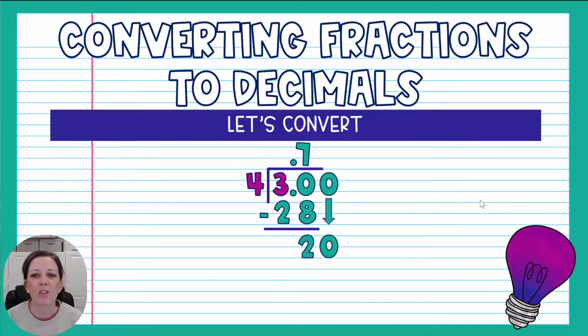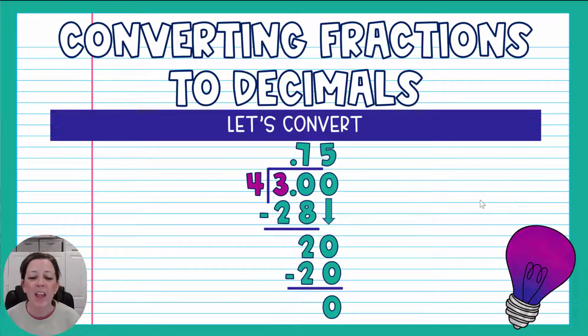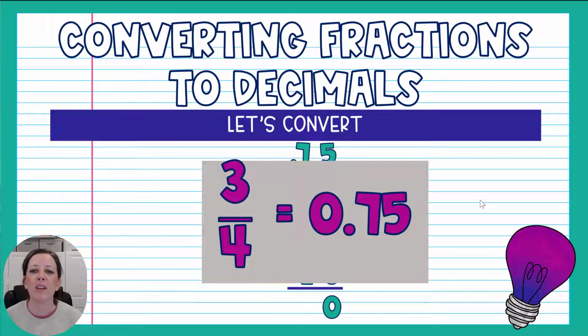It goes 5 times, and then I'm going to say 4 times 5 is 20. Do my subtraction. I end up with that beautiful 0, which lets me know that I'm finished. And so 3/4 is the same as 0.75. And that one is kind of easy because I know 4 quarters make $1. If I have 3 quarters, I have 75 cents, which is exactly what we're looking at here.